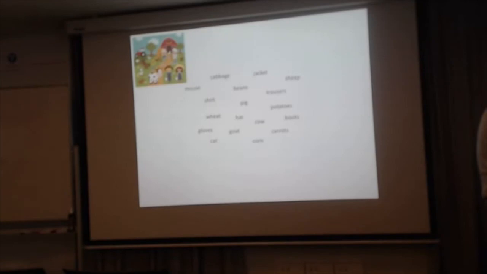All right. So on this slide, you see different words that describe things that could be found on a farm. And in this sense, all of these words are semantically related. But of course, they're not all equally similar to each other.